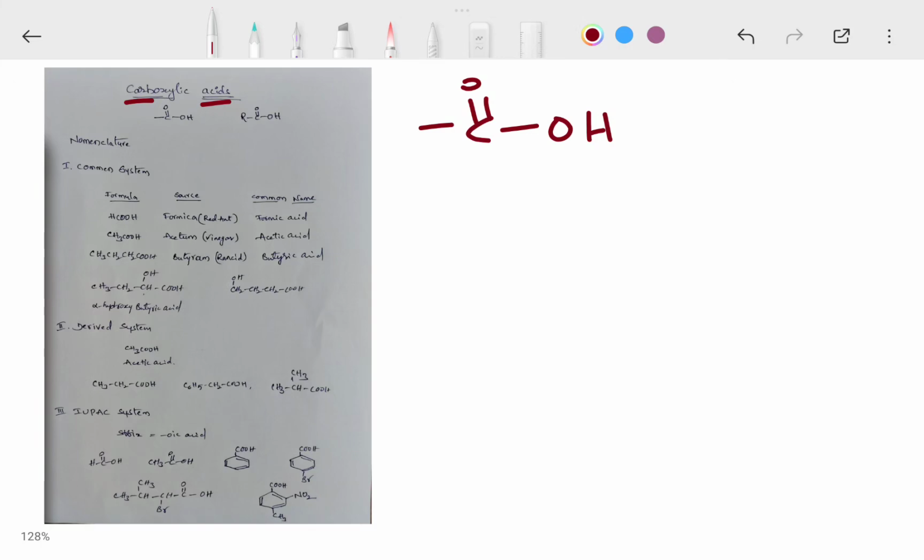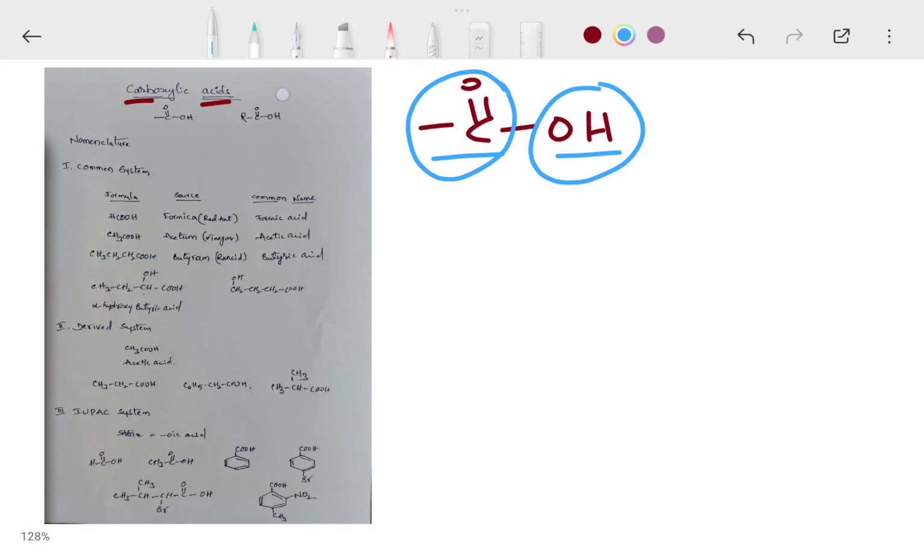These compounds have both C double bond O and OH groups. That means carboxylic acids have carbonyl and hydroxyl functional groups. These two functional groups combine to form a carboxylic acid, and carboxylic acids have the properties of both carbonyl and hydroxyl groups.